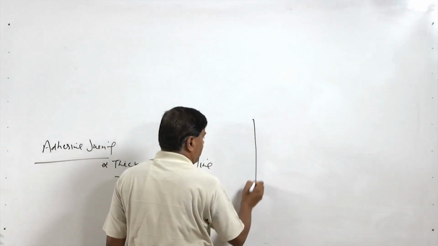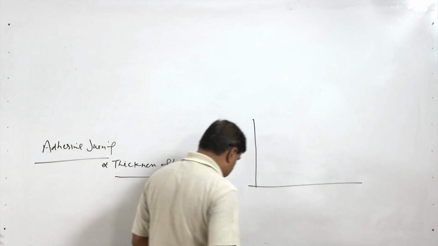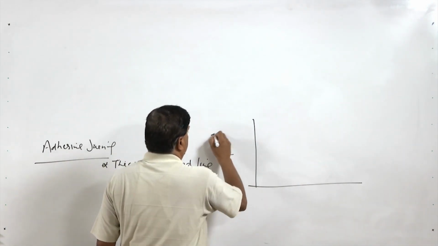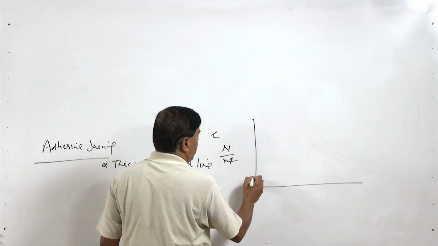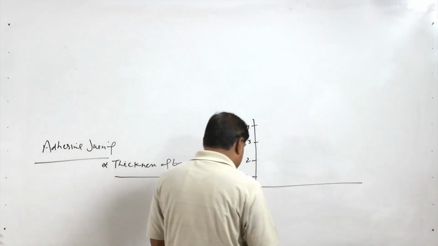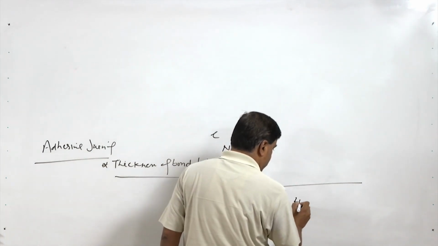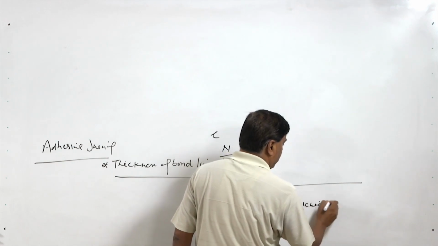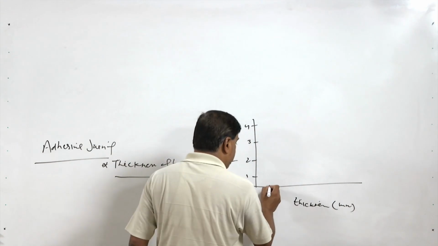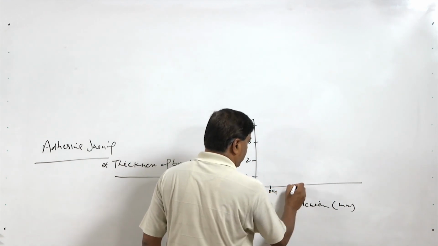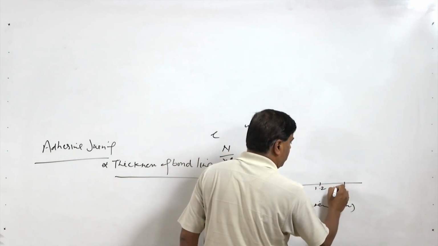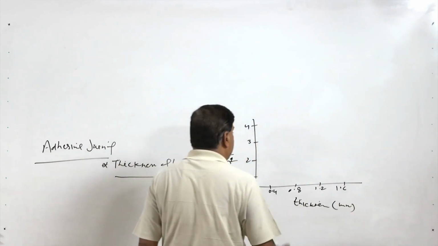What we can see here is shear strength in Newton per meter square, like 1, 2, 3, 4, and the thickness of the adhesive in mm, like 0.4, 0.8, 1.2, 1.6 mm.